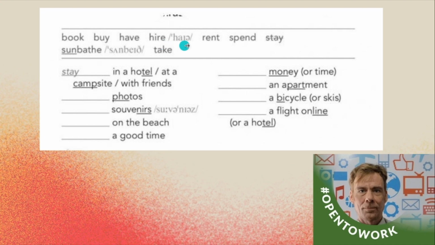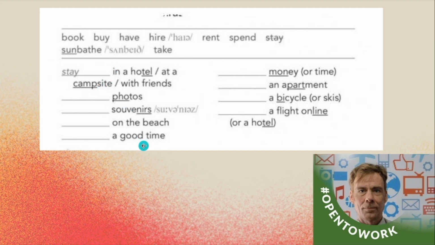It's not hire. It's not rent, because you rent something. It's not spend. It's not stay. Sunbathe. That is how this is pronounced, sunbathe. How you pronounce sunbathe is less important than what it means. To sunbathe simply means to lie in the sun and get a tan. And that's what you do on the beach. So sunbathe on the beach.